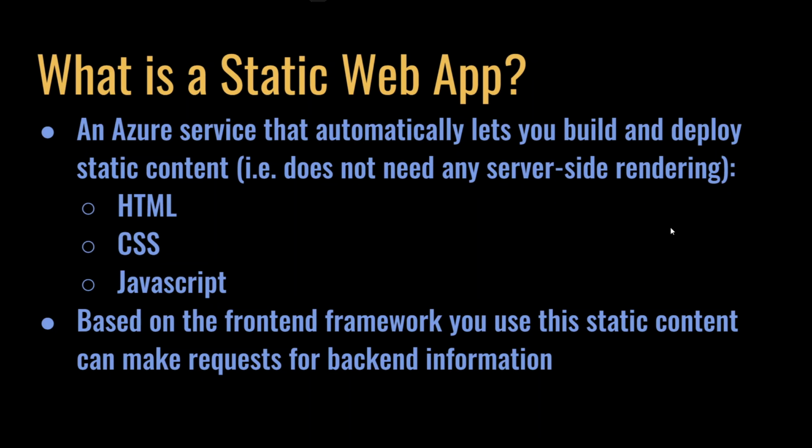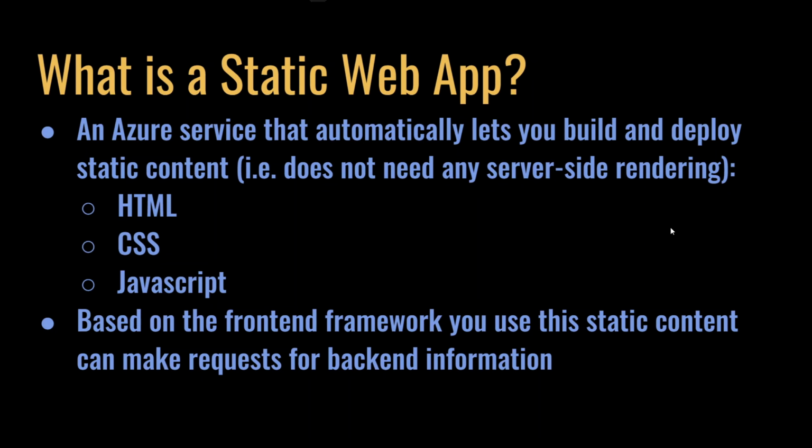This all needs to be static content, so everything needs to be in the browser. So that normally means that we're talking about things like HTML, CSS, style sheets and JavaScript. There are some extra bits and pieces that you can also include in that list that I haven't put there, and we'll get to those in a future video.